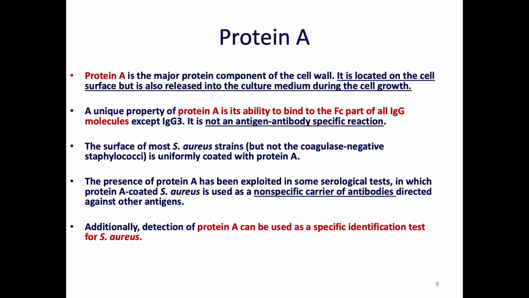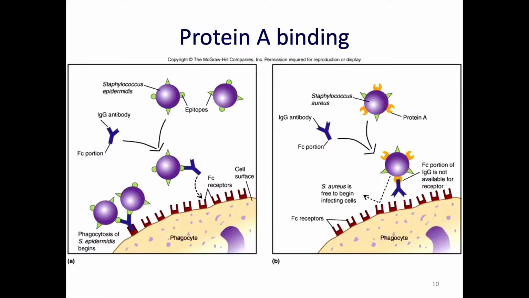Additionally, detection of protein A can be used as a specific identification test for Staphylococcus aureus. So it distinguishes Staphylococcus aureus from Staphylococcus epidermidis, Staphylococcus hominis, and other staphylococcal species. So you can see here the binding of protein A.